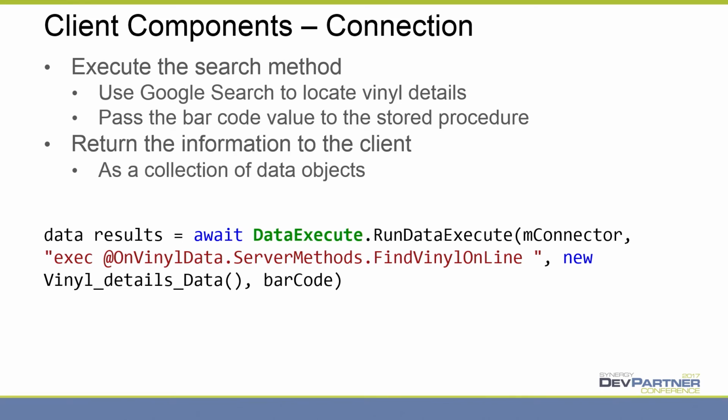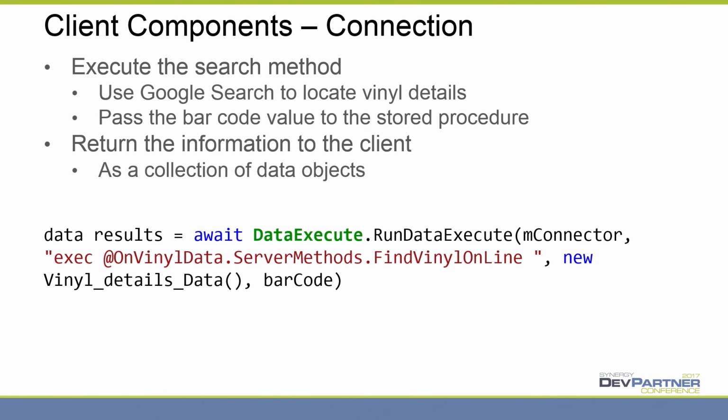We're going to await the data execute, run data execute. Pass in the connector. We'll talk about the connector. That's just a connect string, essentially. And then we're going to do an exec on VinylData.ServerMethods.FindVinylOnline. The next argument to all of these is going to be the instance of the data object. You need on the client to tell the server what's the format of the data coming back.